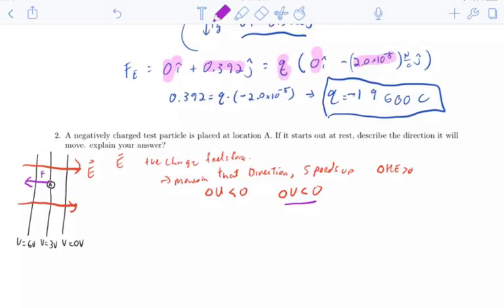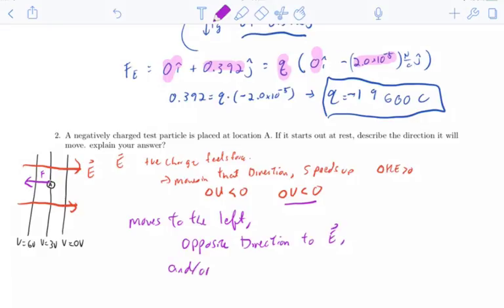So it moves to the left because it's the opposite direction to the direction of the electric field, or in the direction of increasing V. Negative particle moves to the left.